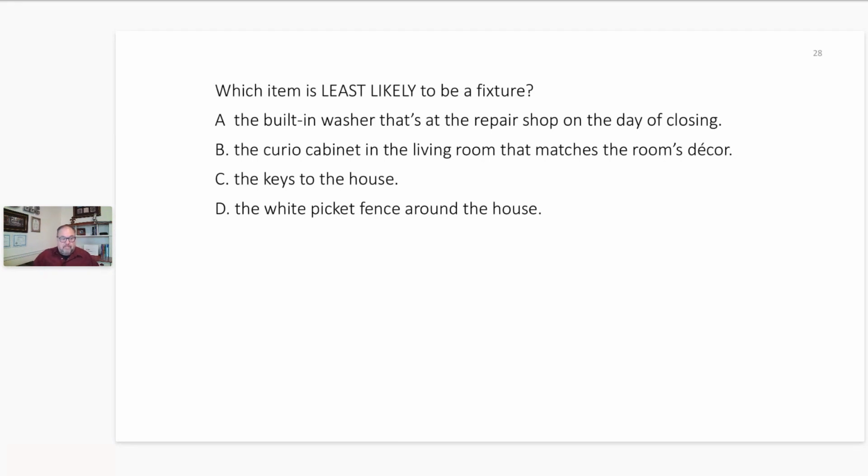Built-in is the key word, but it's at the repair shop now. So attached, built-in fixture, severance, take it out, at the repair shop, personal property, not a fixture. So we're talking about answer A.